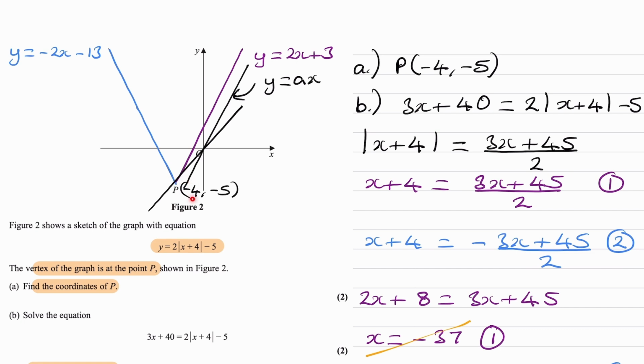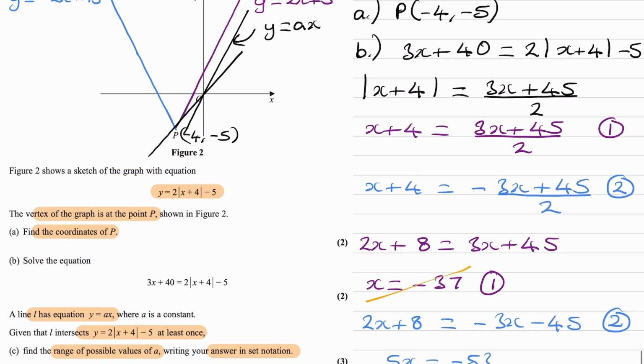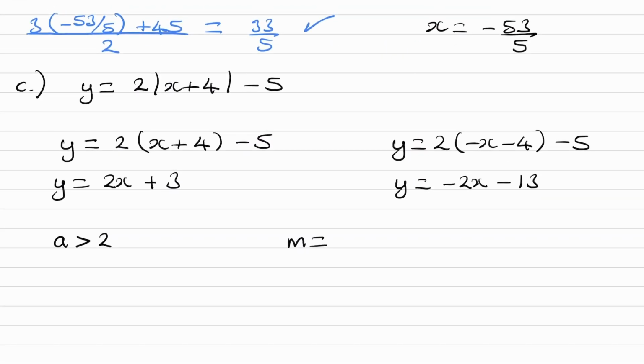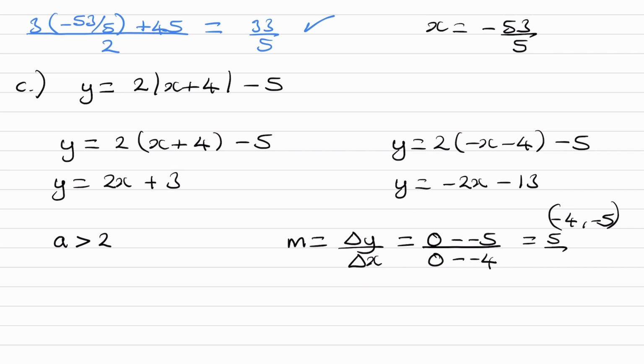Point P is (minus 4, minus 5). So change in y over change in x: 0 minus minus 5, divided by 0 minus minus 4. The zeros come from the origin. I'm finding the gradient between this point here and (0, 0). This is 5 over 4.